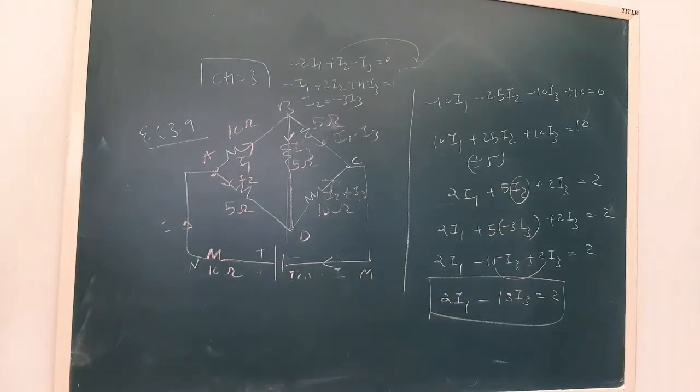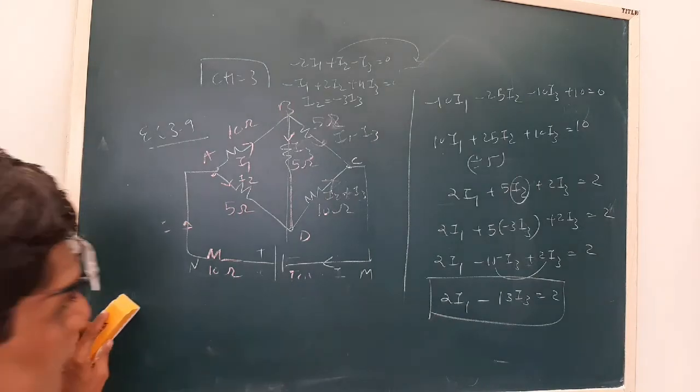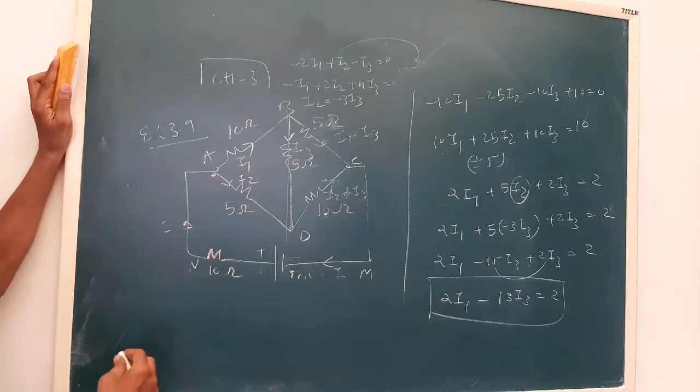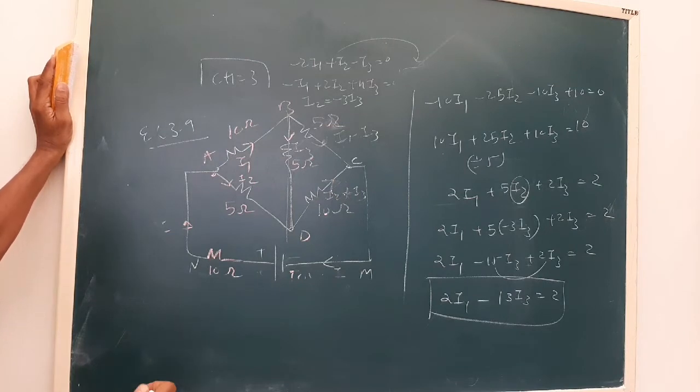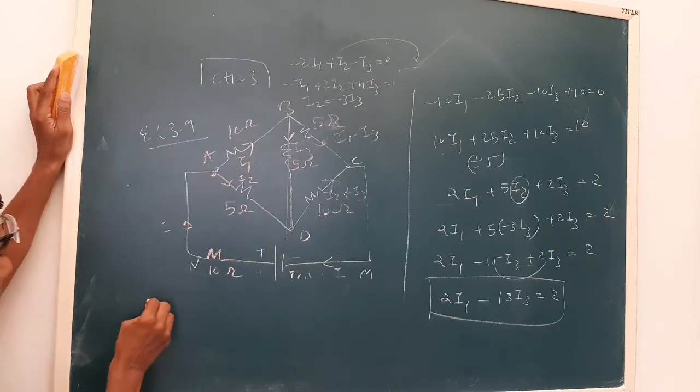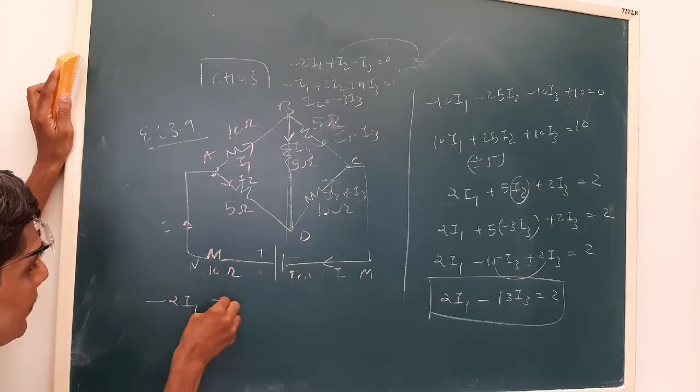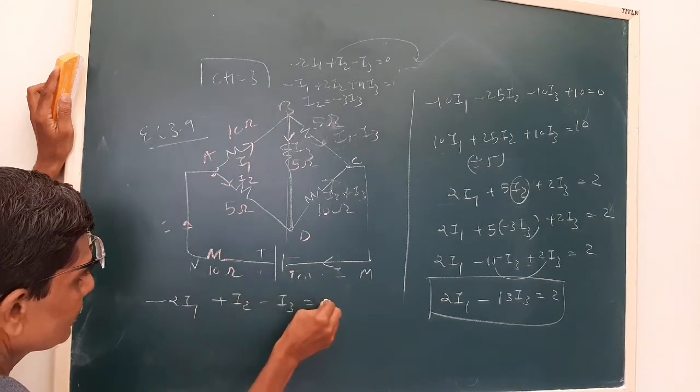Now see our relation: minus 2I1 plus I2 minus I3 is 0.